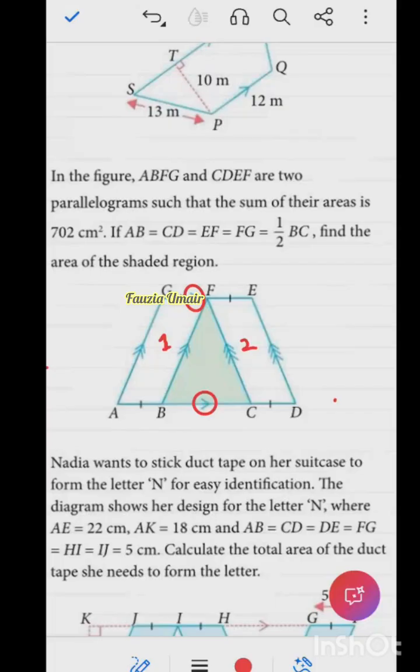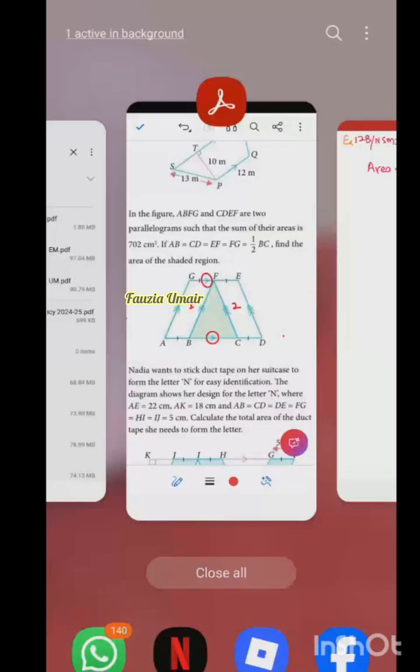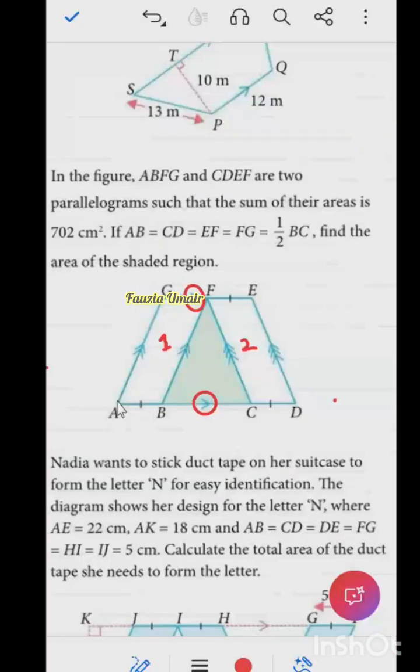So now we will say, this 351 is basically, let me draw it maybe. So it is the base, and there is a height which we will make on our own.